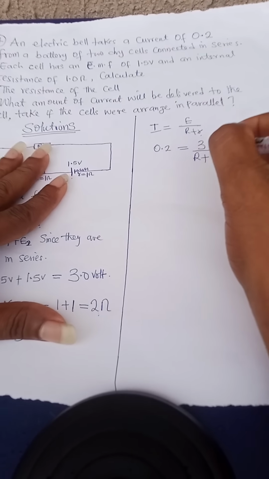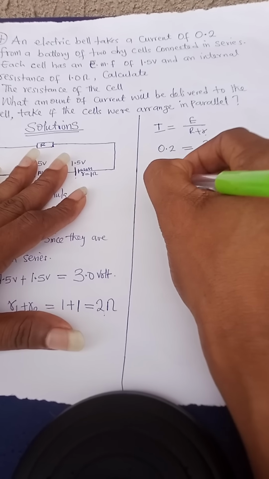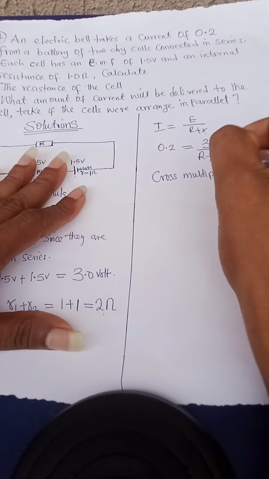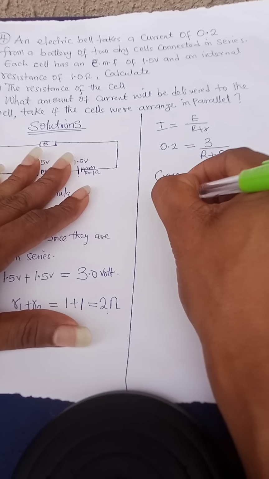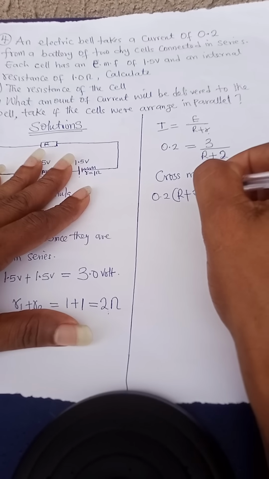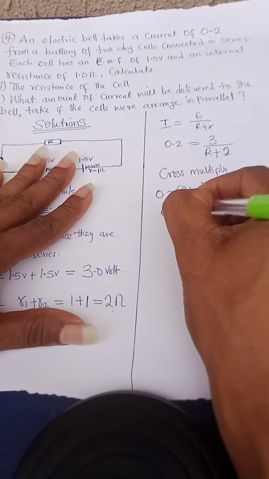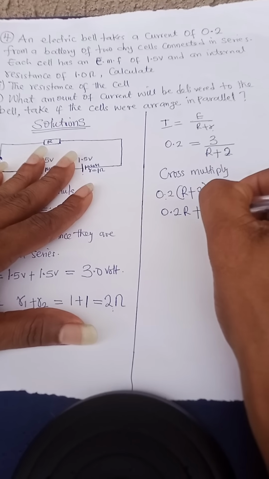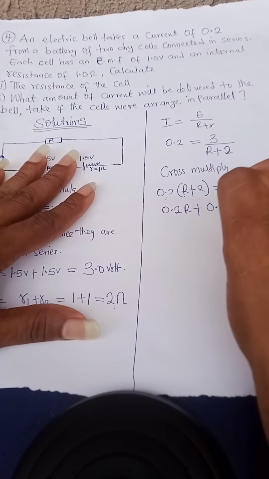So when you cross multiply, you have that 0.2 is multiplying R plus 2, which is equal to 3. So this times this will give me 0.2R plus 0.4, which is equal to 3.